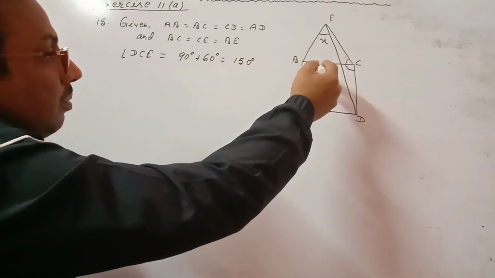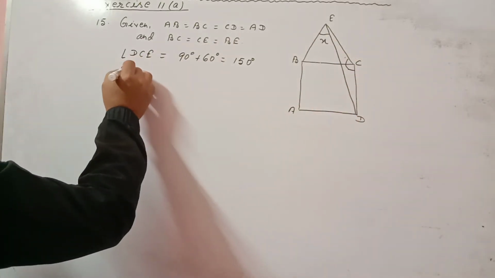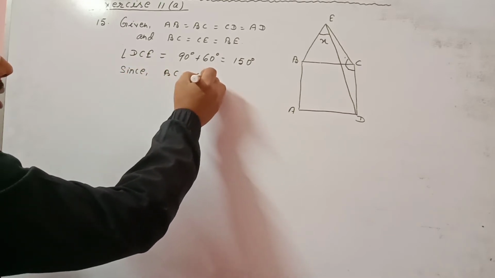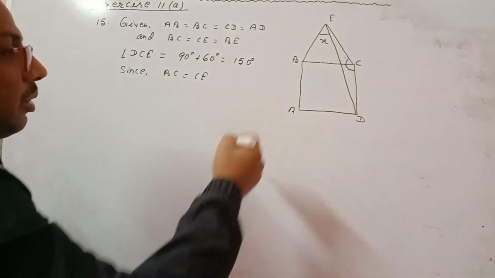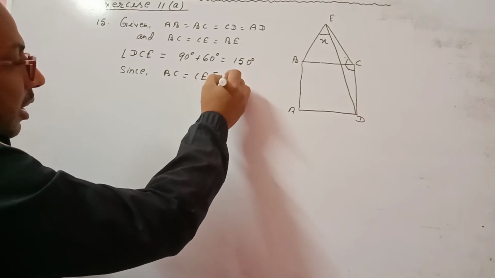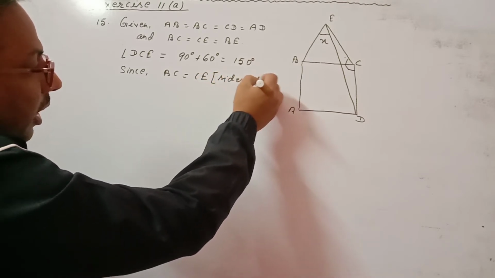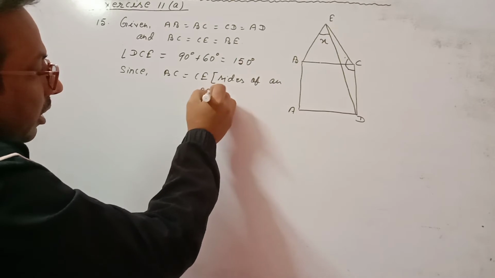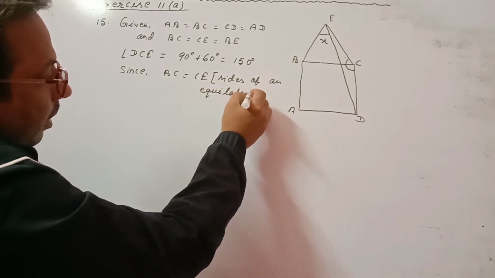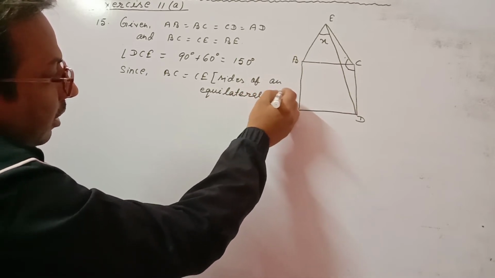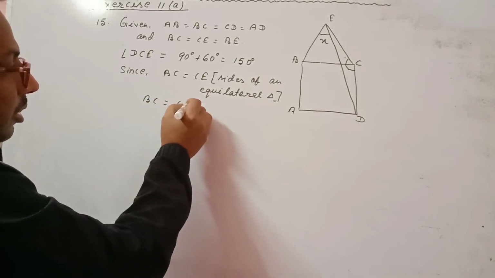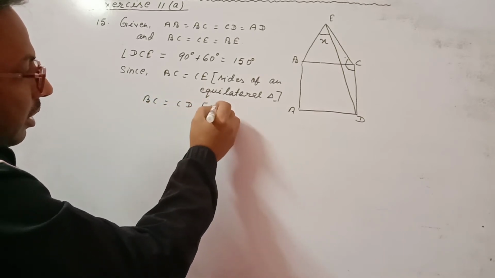Now since BC equal to CE, because these two are the sides of an equilateral triangle, and we write again BC equal to CD, because these two are the sides of a square.